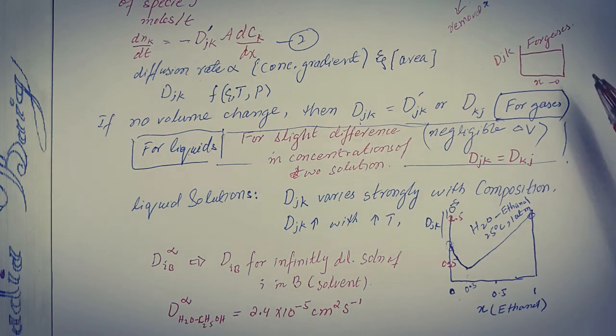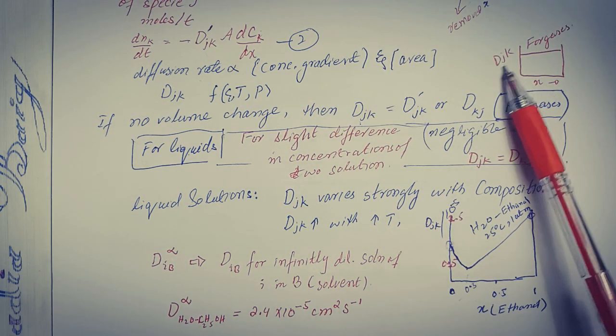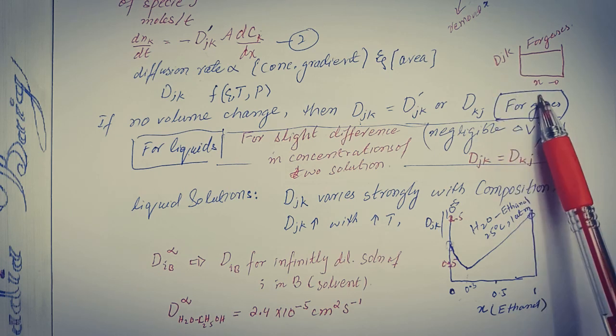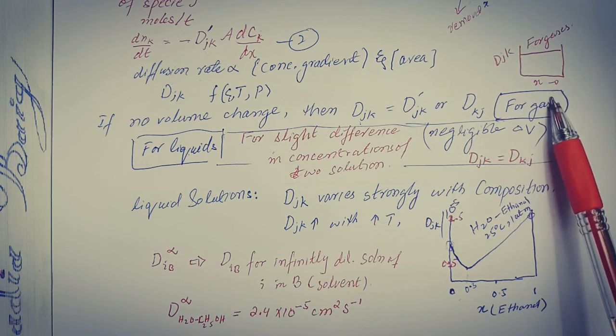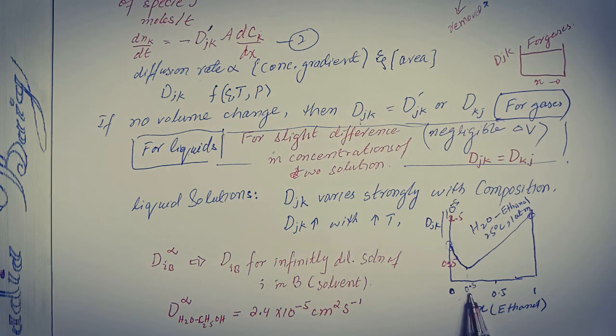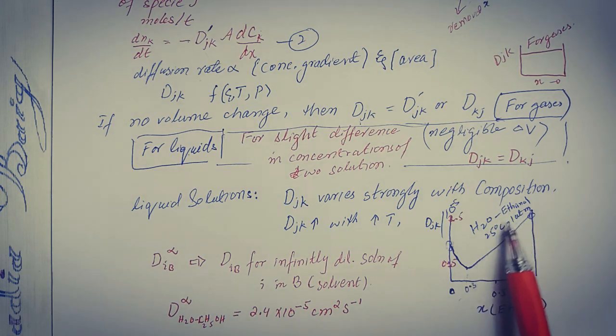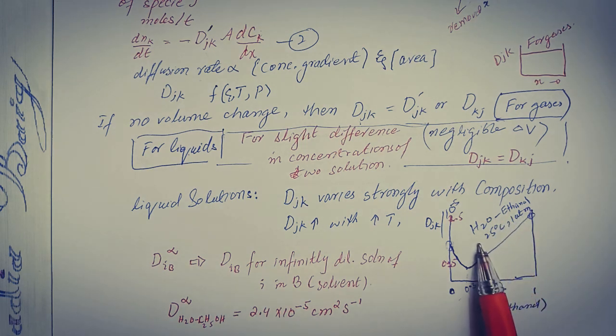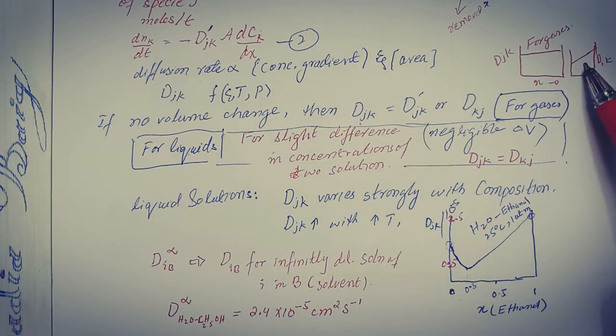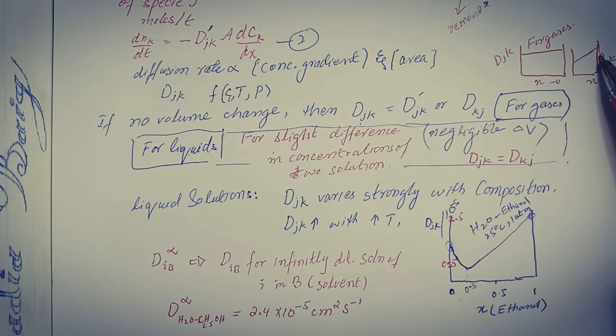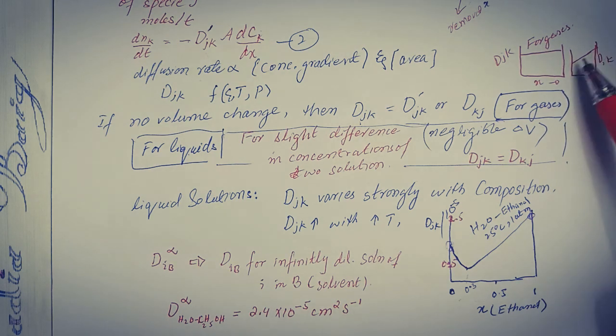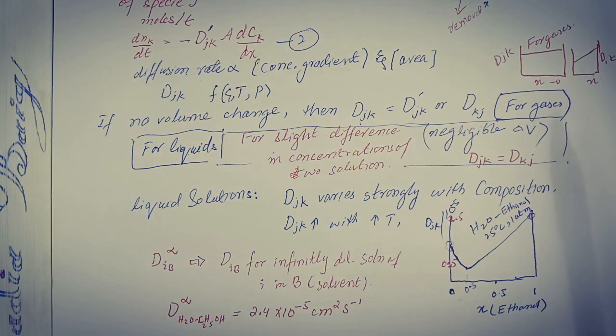So for the case of gases, we can have a constant value of diffusion coefficient for any composition of two gases, whereas for liquids we have either minima or maxima depending on the type of intermolecular forces that have developed during the mixing of these two solutions, or they can be linear when there is a difference in the diffusion coefficients of the two extremes or at infinite dilutions.